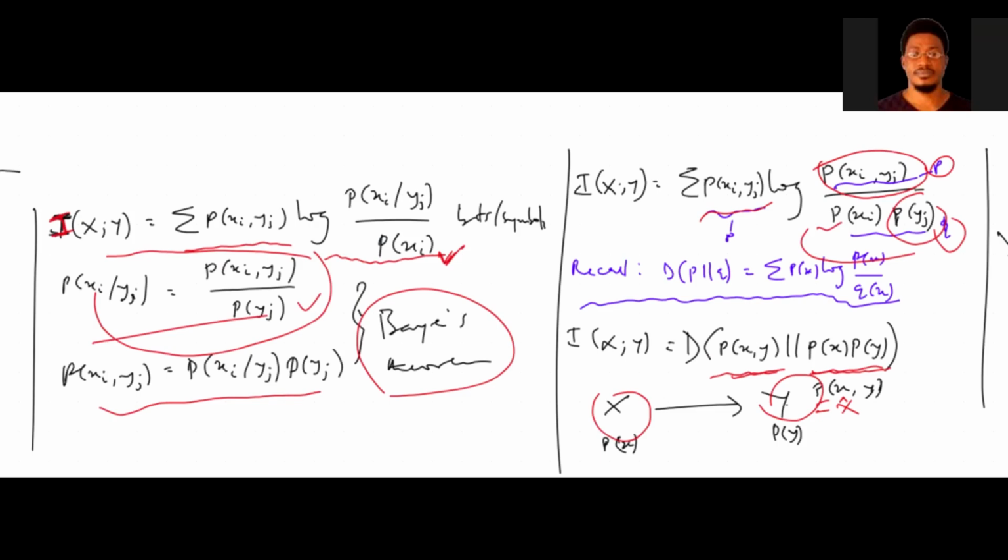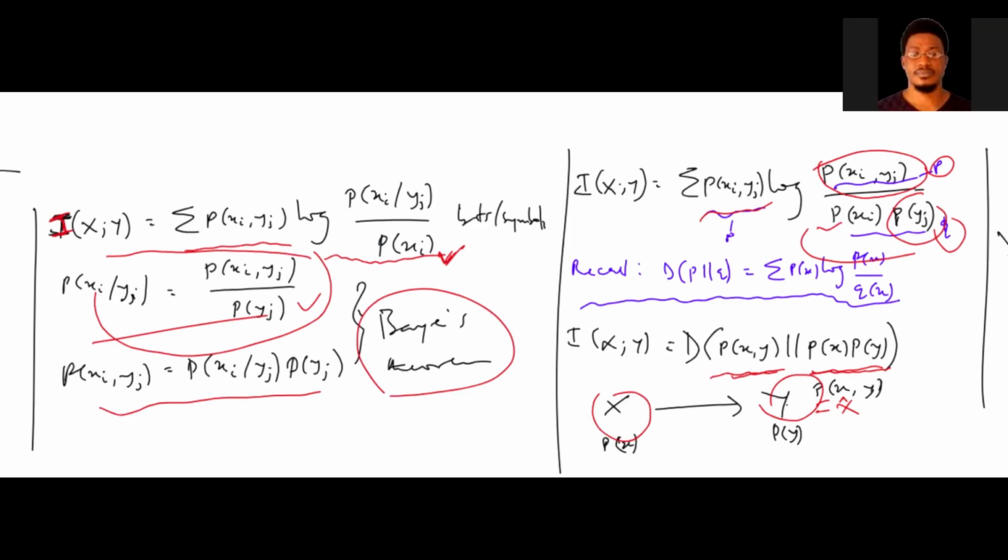We are saying that the mutual information is the distance or the divergence between the joint distribution and the product of their individual distributions. Technically, we are trying to measure the information we can actually learn about X from Y, about one random variable from another random variable.